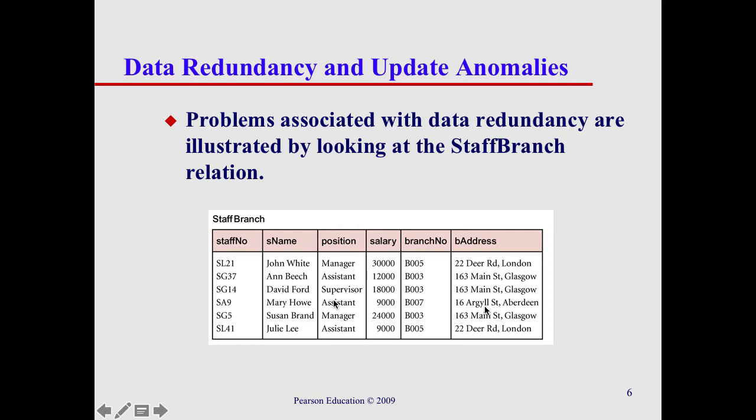So that's called a deletion anomaly, because I could accidentally lose information about a branch if I delete the last entry for a staff member at that branch. Again, the dependent entity, the branch, is in danger. It depends on an entry from the primary entity being there.